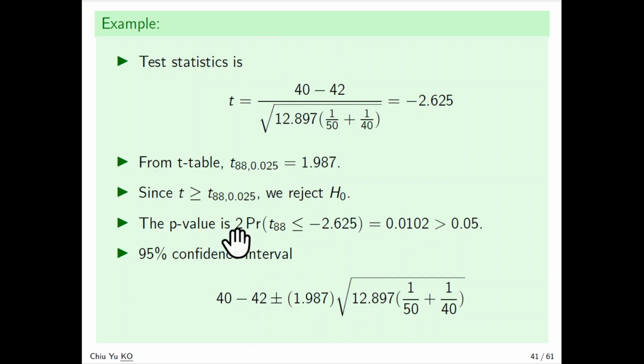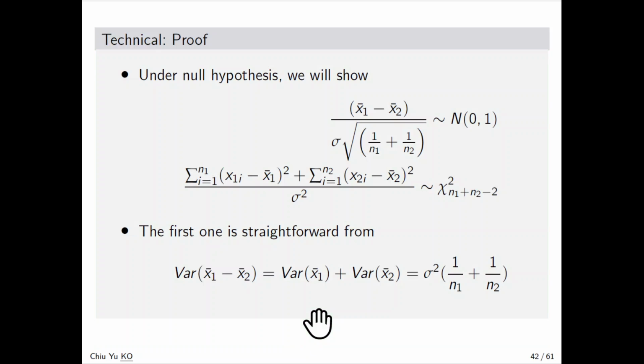That is something easy to calculate, just with a calculator. So why is the statistic t with n1 plus n2 minus 2 degrees of freedom? First, we'll show these two statements. This is the difference, and if we know sigma, this will be normal.